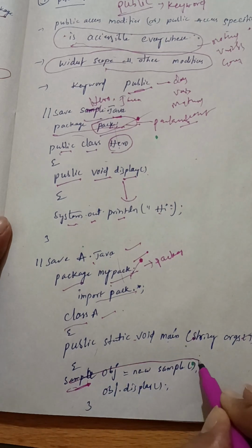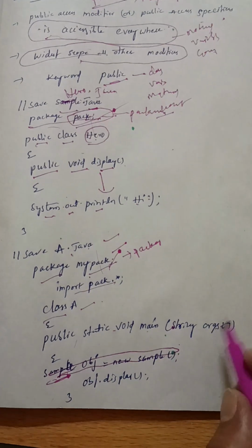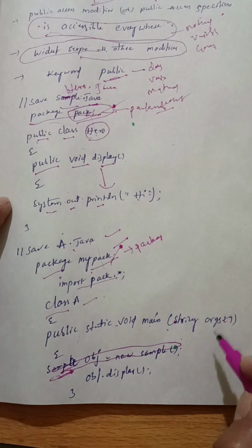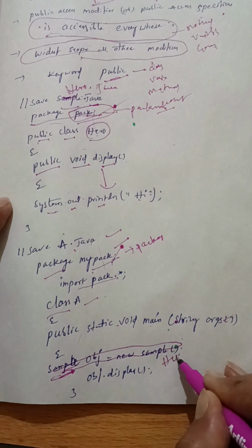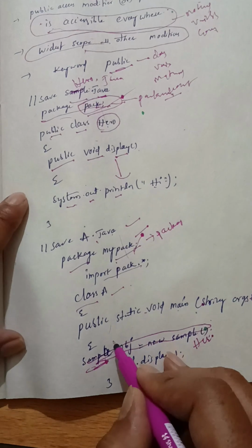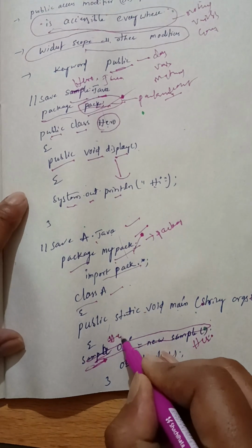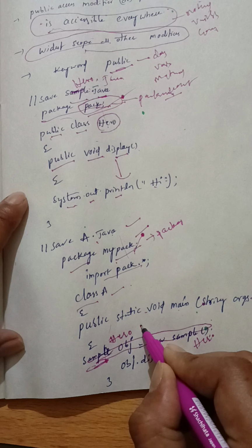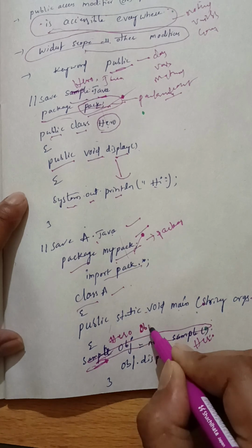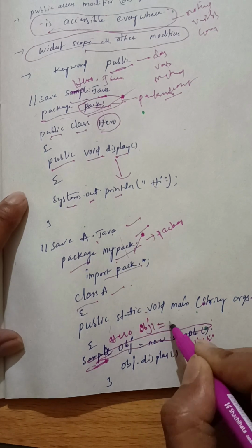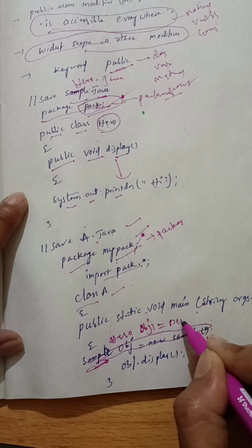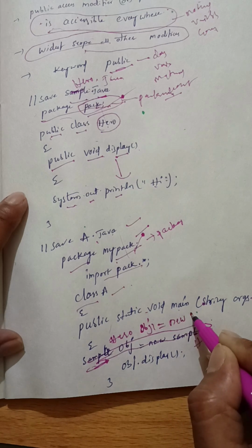How to create the object? The first class is the hero class. So, hero obj1 equal to new hero.